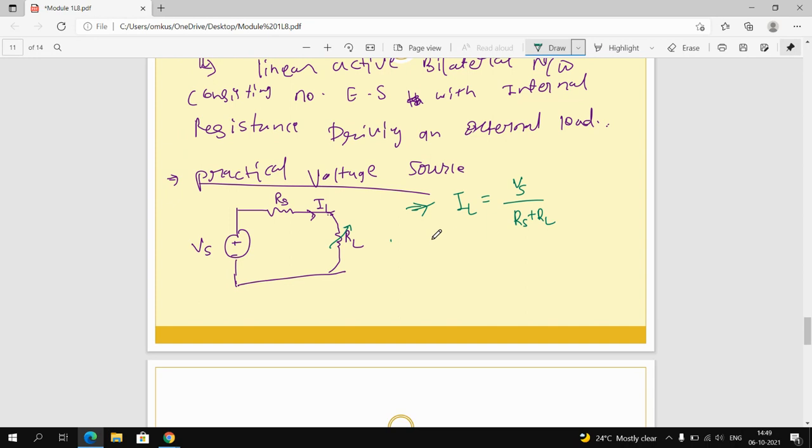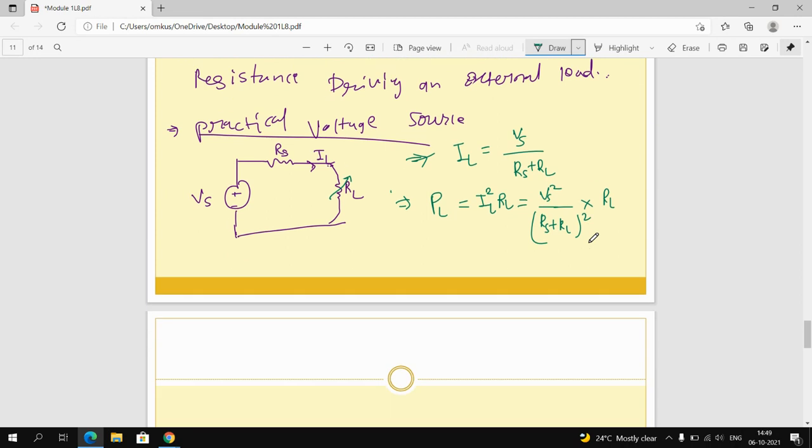When you see the power formula across that load, power is equal to I square R, right? So here I is IL, so IL square into RL. Replace this in the equation: Vs divided by Rs plus RL, whole square, multiplied by RL.